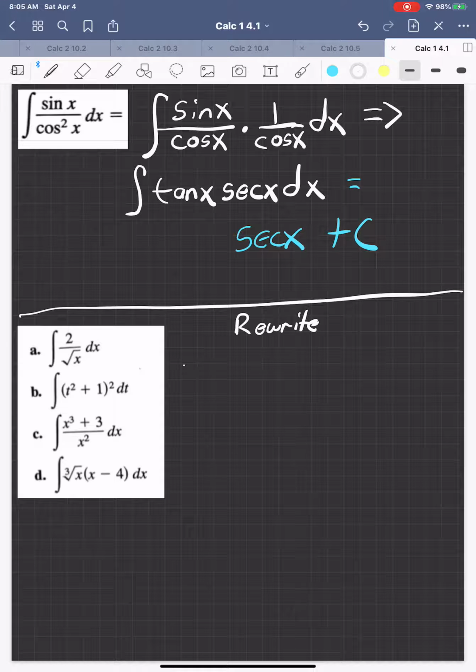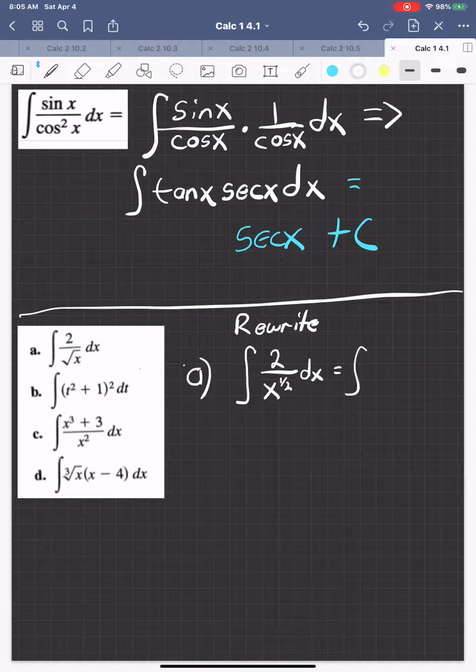So let's start with part A. 2 over the square root of x is just 2 over x to the 1/2, which is the same thing as 2x to the negative 1/2. Makes perfect sense.